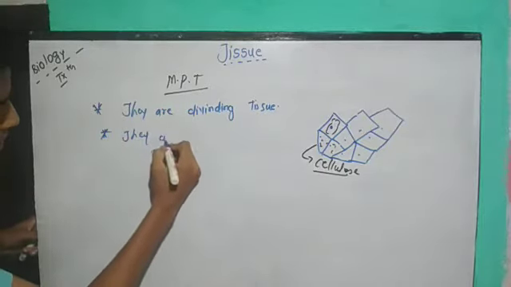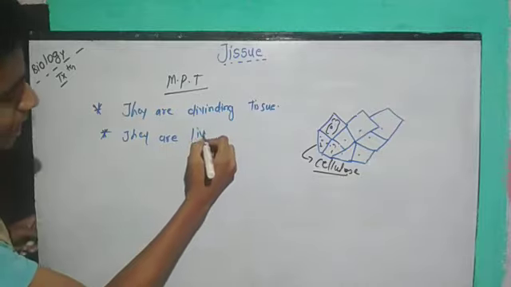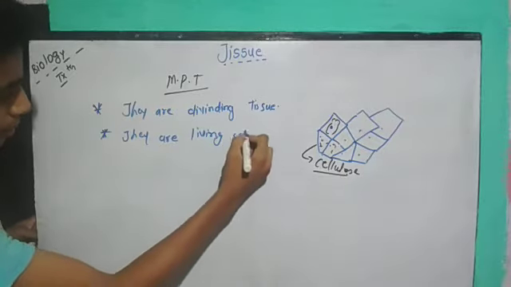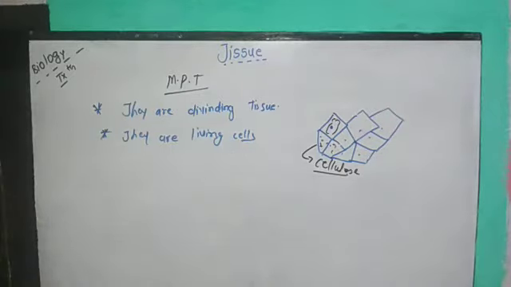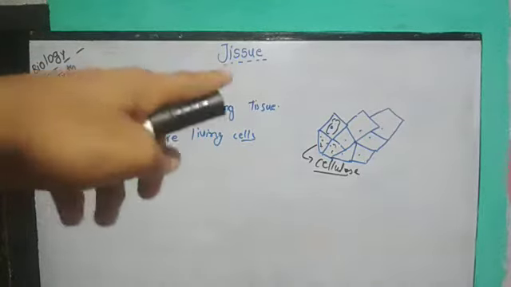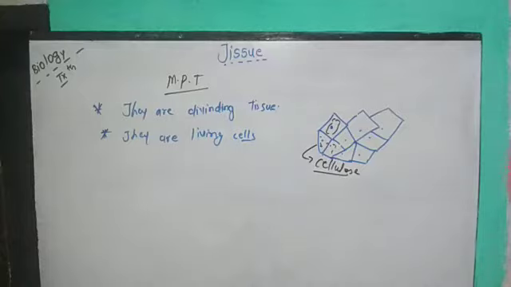They are living cells, meaning the cells which make meristematic plant tissue, MPT. To keep the diagram simple, we have located only certain features. The first thing is that they have a nucleus. Each cell has its own nucleus, and cytoplasm is also present.